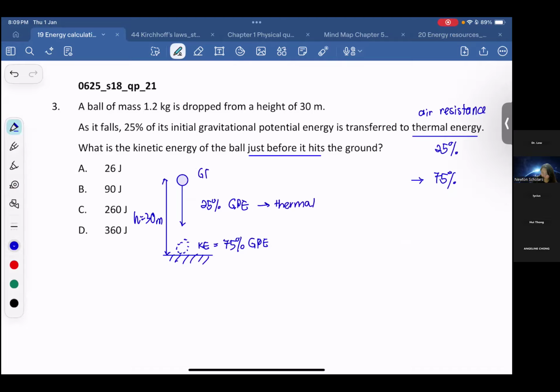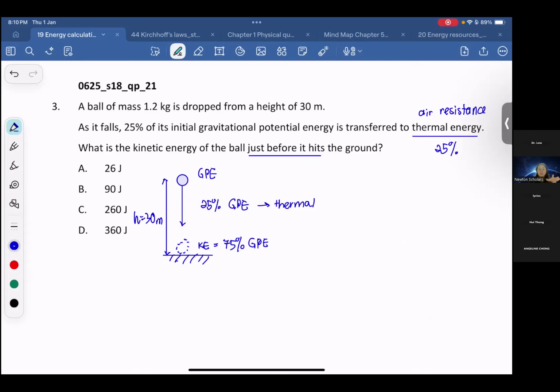So the starting energy is GPE. Boys and girls, how are you going to solve this question? Can you try to solve it before I give you the answer? Can you calculate the starting GPE? Once you have the initial energy, you multiply by 75% of the answer, and that is the kinetic energy.